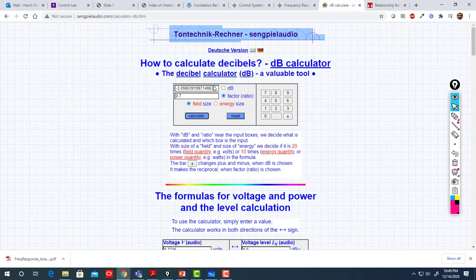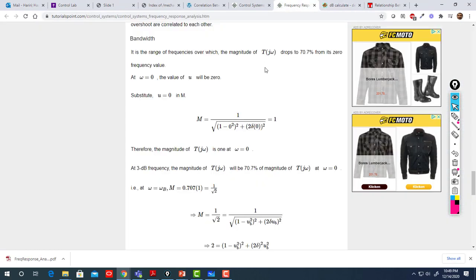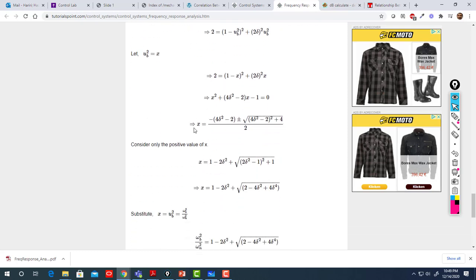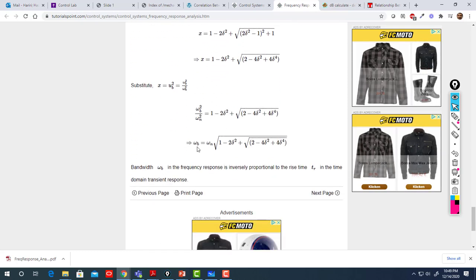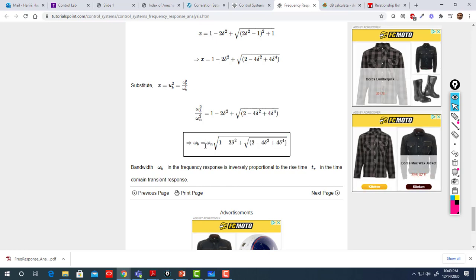Well, 70% because -3 decibel is 0.7, so 70%, right? So that's where the 70 came from. And they did the analysis, the calculation, which is not required, but you can find a relation between the bandwidth and the natural frequency for a second order system.